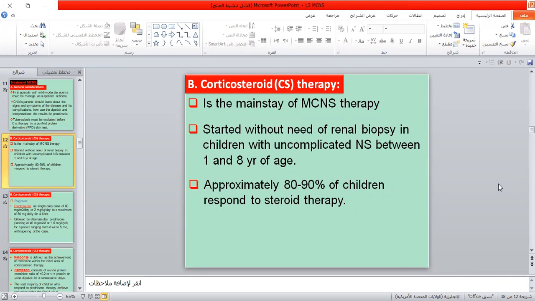This is minimal change nephrotic syndrome, and I start steroid therapy without need for renal biopsy. Approximately 80 to 90% of children with minimal change respond to the steroid therapy.